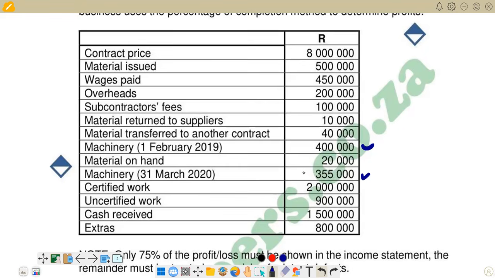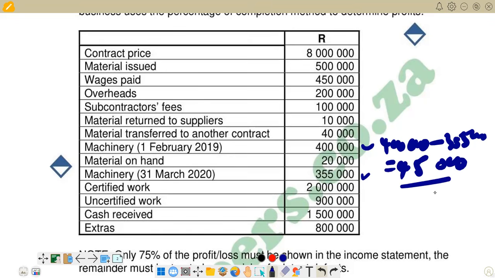So we are going to input the 400,000 and the 355,000 in such a way that we are left with the depreciation amount. If you calculate, 400,000 minus 355,000, you are going to get 45,000.